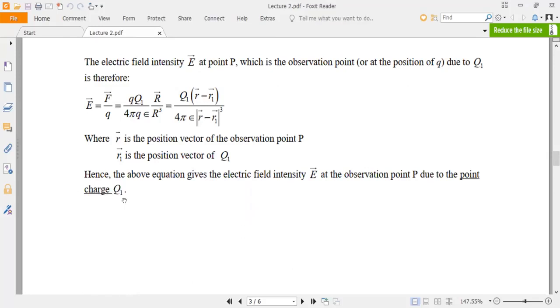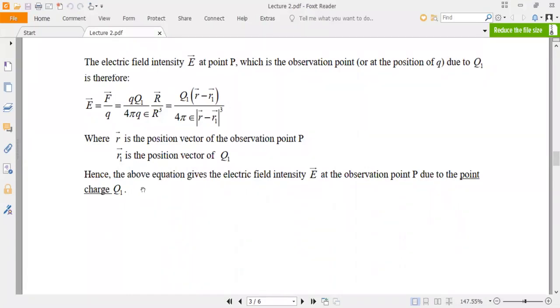You have placed it somewhere, any position. Now that charge Q1 will create an electric field intensity in the whole room. It will create the existing electric field intensity in the whole room.